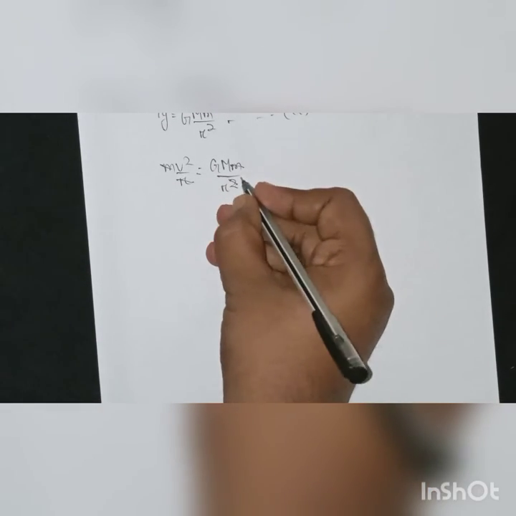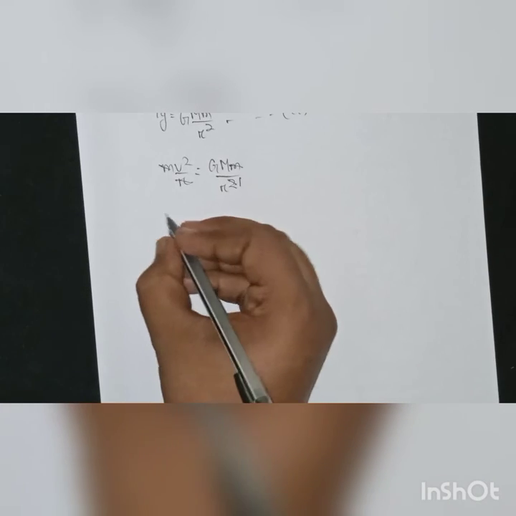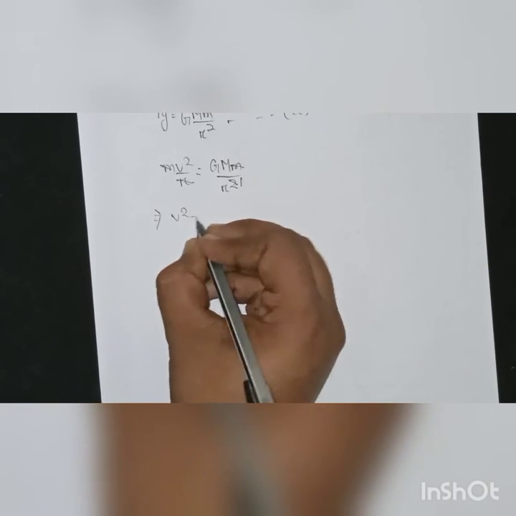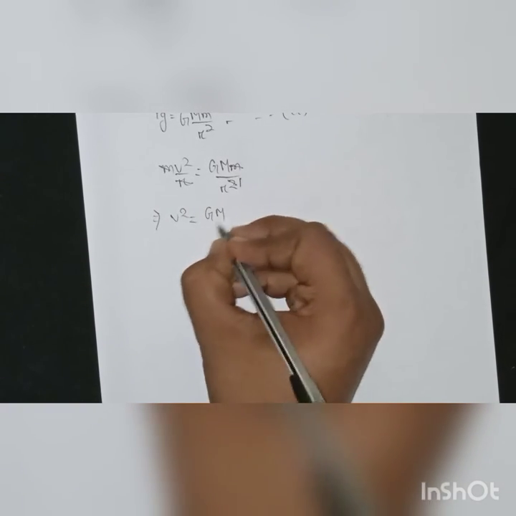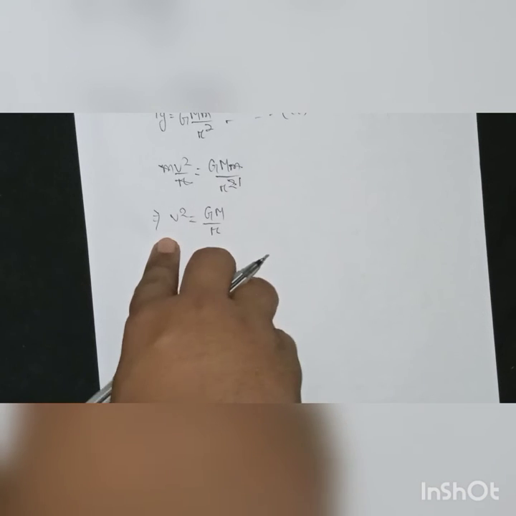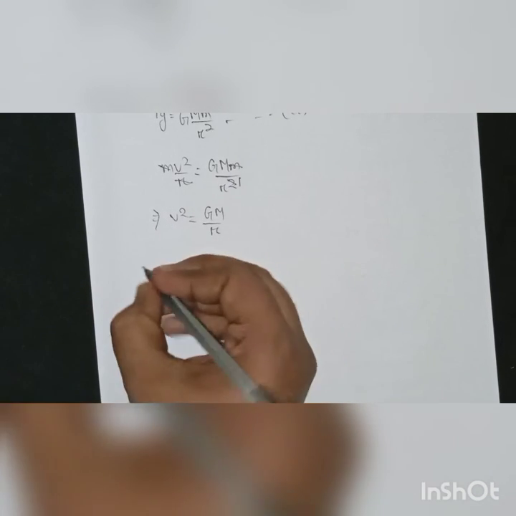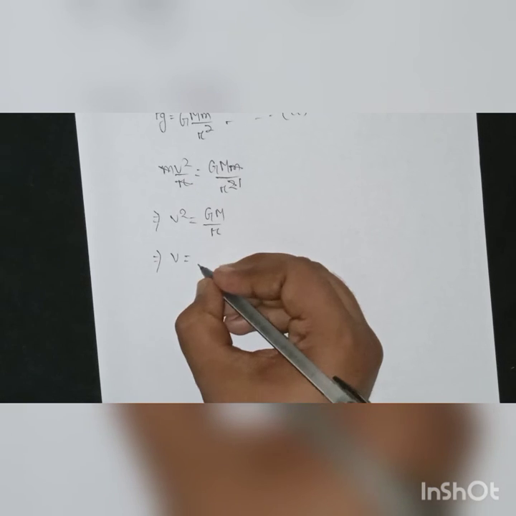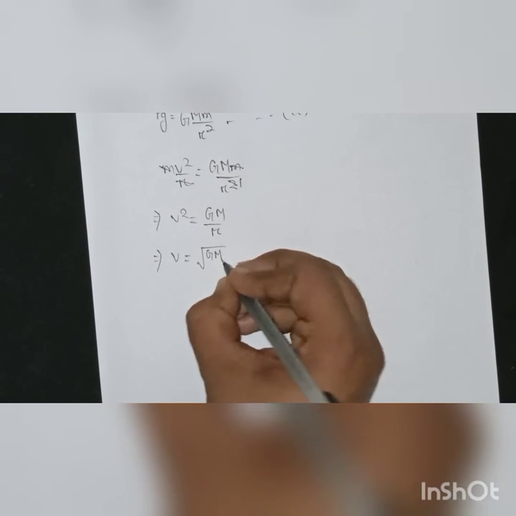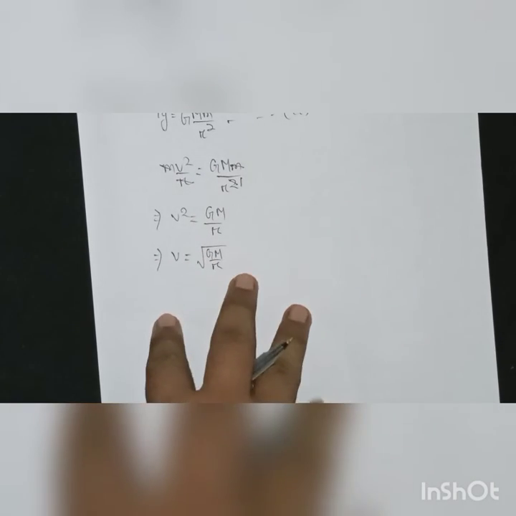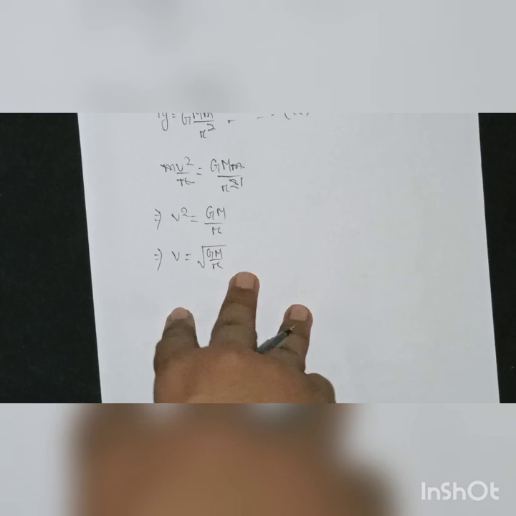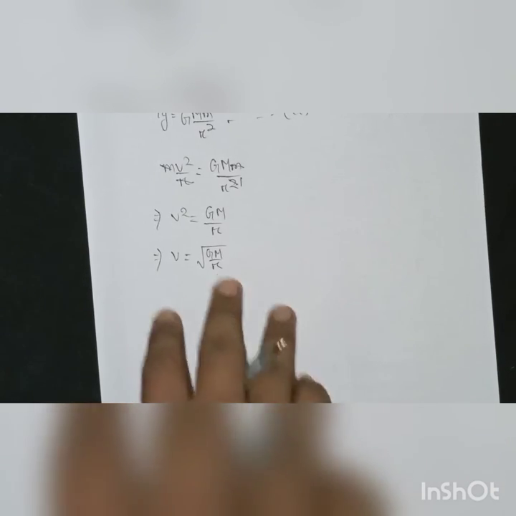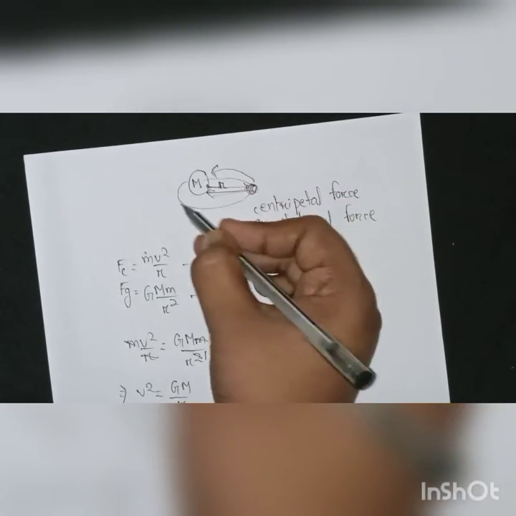So we are left with only one r, which implies v square is equal to GM by r. To find the velocity of the orbiting body, we take the square root of both sides, and we got v is equal to root over GM by r. And this is the formula for the velocity of a body orbiting another, larger body. And in this case, Earth is orbiting around the sun.